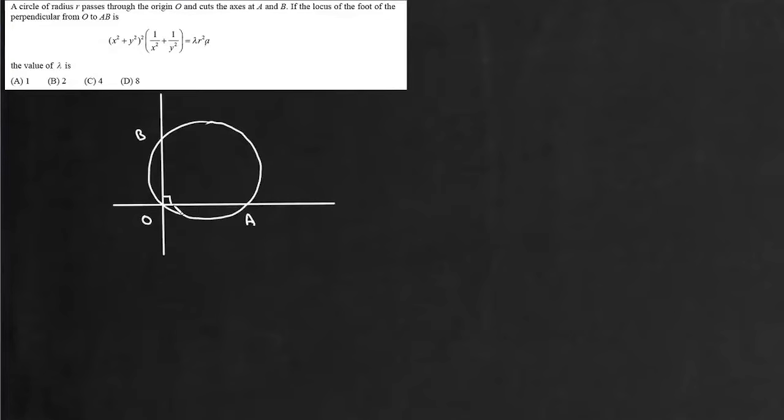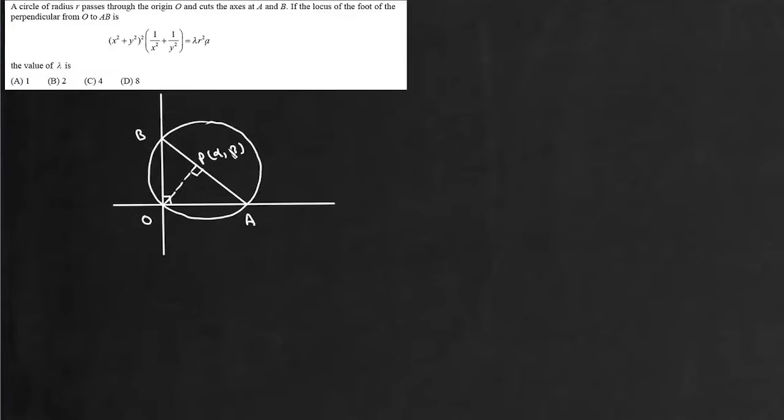Now it says, if the locus of foot of perpendicular from O to AB is this value, find the value of lambda. Now we'll join this AB and we have to find locus of foot of perpendicular on this AB. So let it be this point P, and let this point be alpha beta.